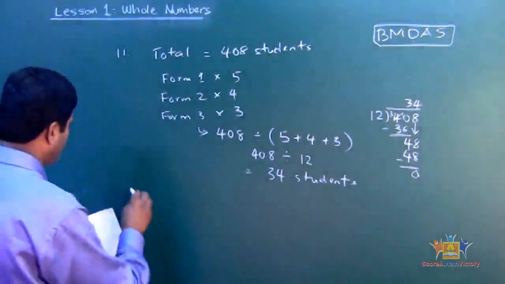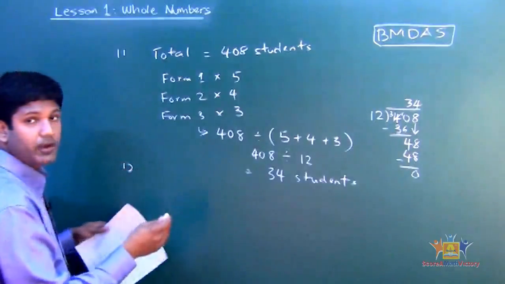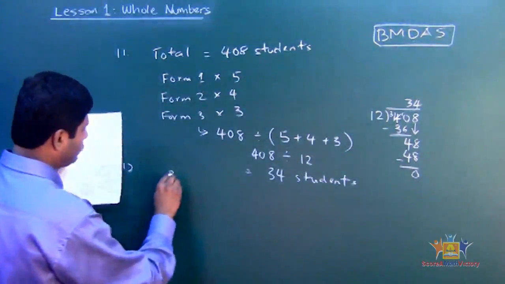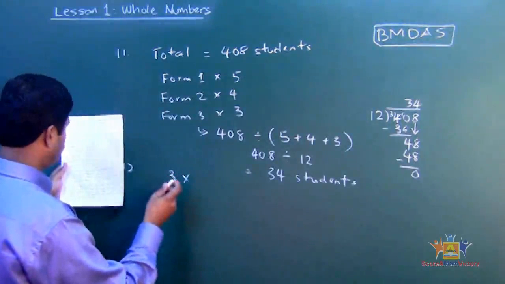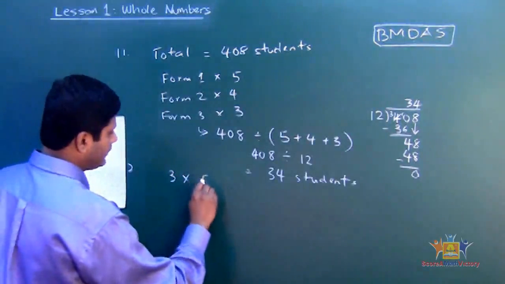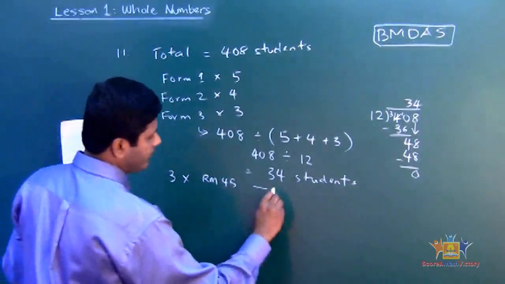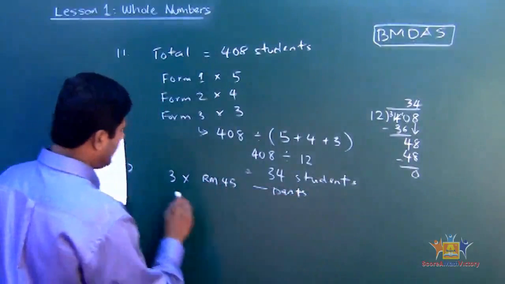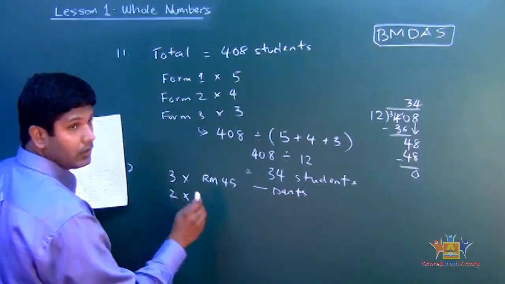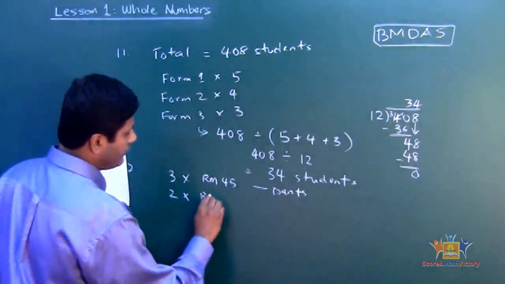Okay, write that down. Problem number 12. Now the first part was what? He bought 3 pairs of what? Pens. At what price? 45 ringgit per pair. So 3 times 45 for the pens. And then he bought 2 pairs of shoes for the price of what? 120.